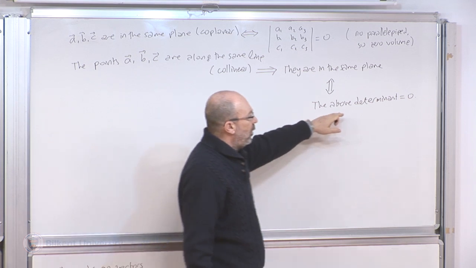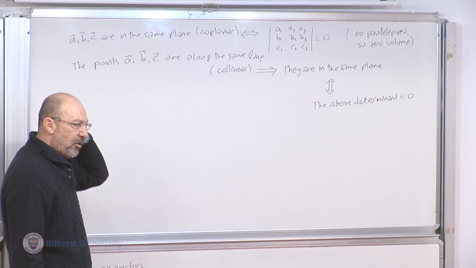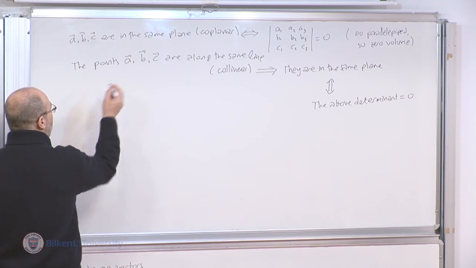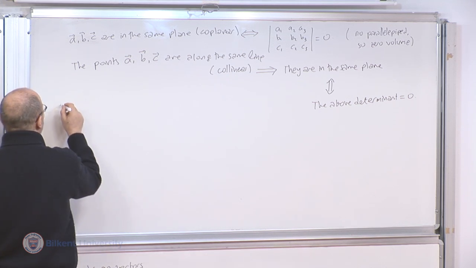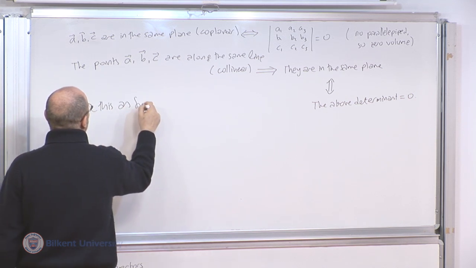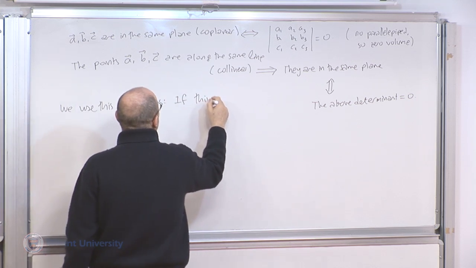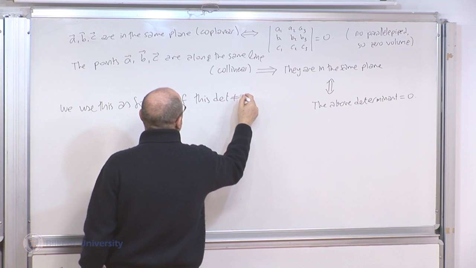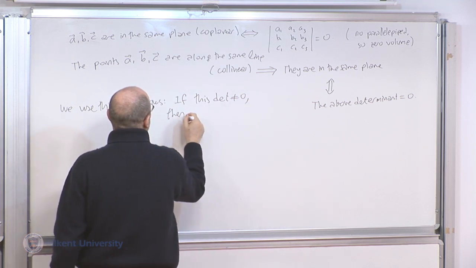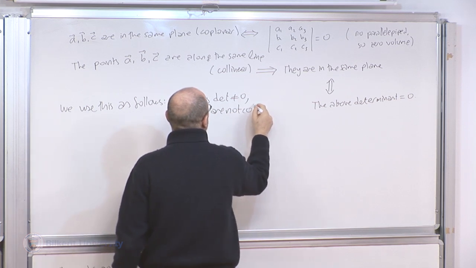But if the determinant is different than 0, then we know that they are not collinear. So that's an easy way to check that they are not along the same line. We use this as follows: if this determinant is different than 0, then they are not collinear.